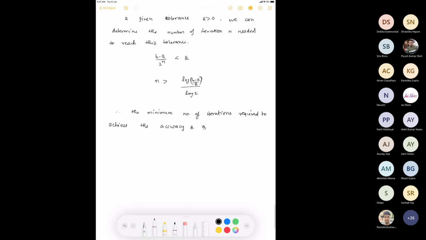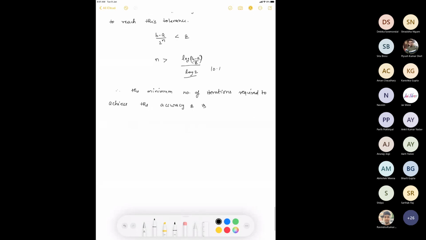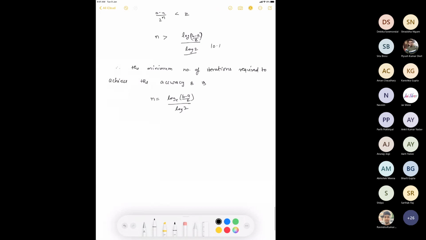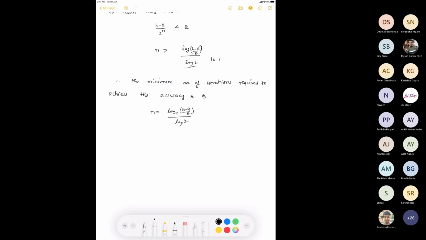I'm just going to take this as a minimum number if this is an integer, and if it is not an integer, I will take the next positive integer, right? Say suppose this is coming to be 10.1, then I'll just take 11 as the number of iterations. So this is the minimum number of iterations which will be required.